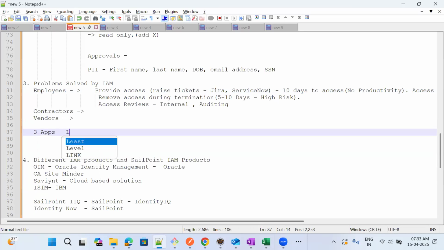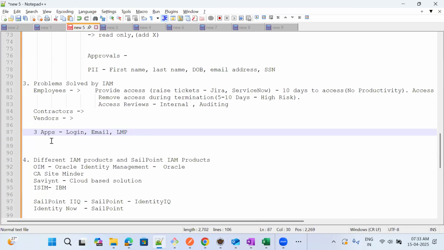Let's say the newly joined employee needs access to 3 applications. Let's say he needs login access, email access, and access to the learning management portal. Login access is basically to log into the system, email access is for communication purposes, and the learning management system is for doing the initial trainings.